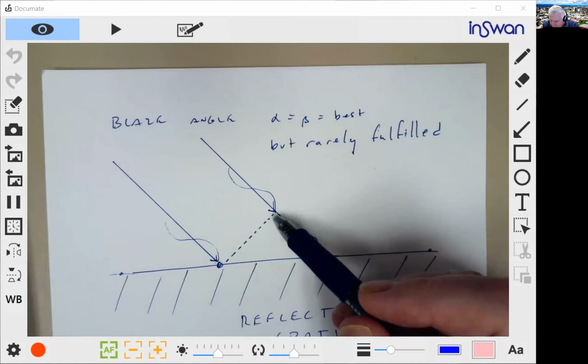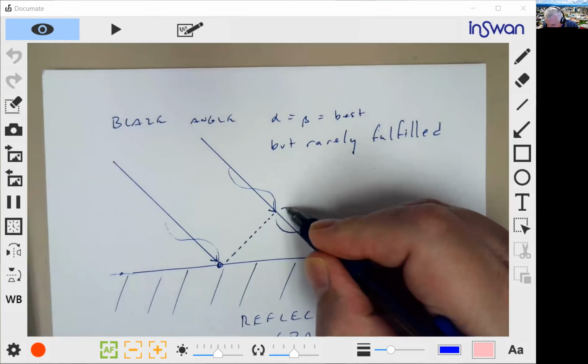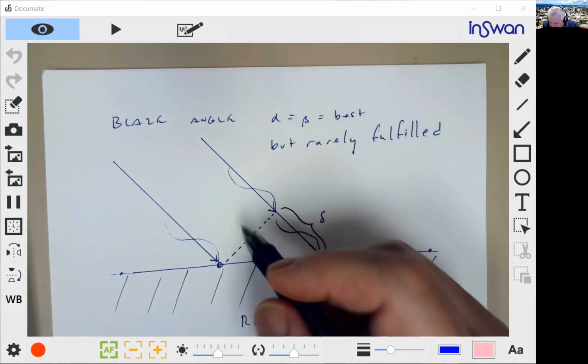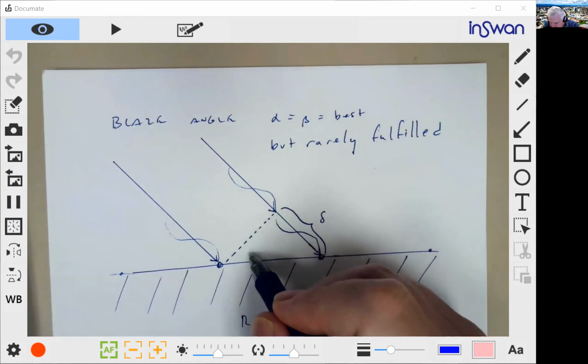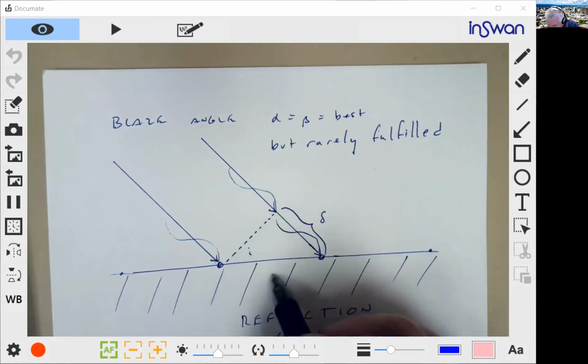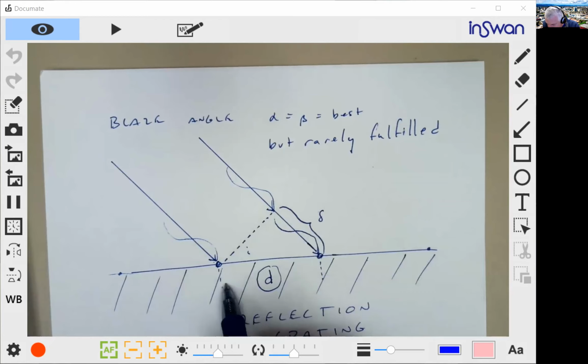So now, what happens next? Here, let's just calculate what this path length difference is. We'll call it delta. We'll call this angle I here. And we'll call this the grating constant, D. D will be this distance here.